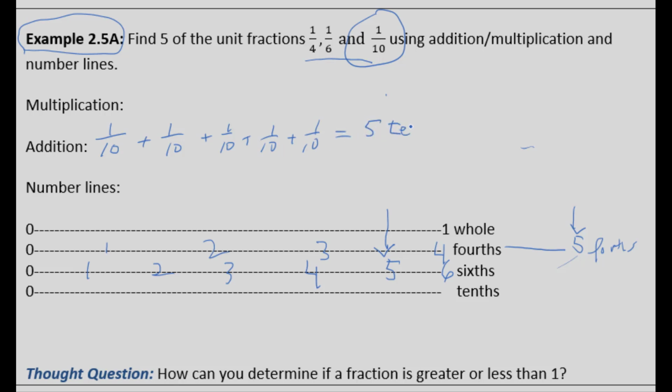And I'll write it like this. In the same way, I could take 1 dime plus 1 dime 5 times and get 5 dimes.